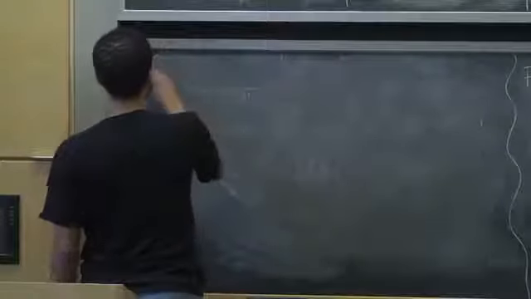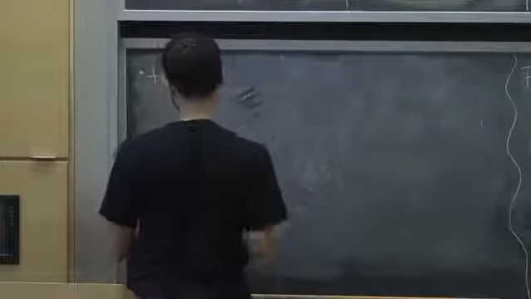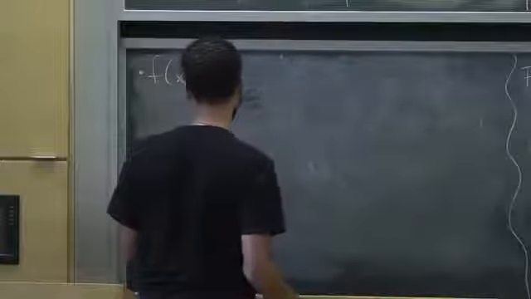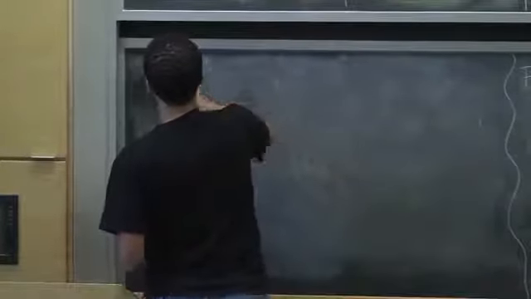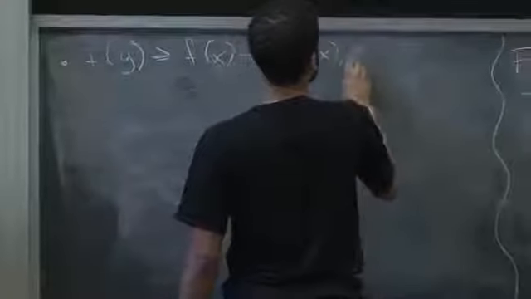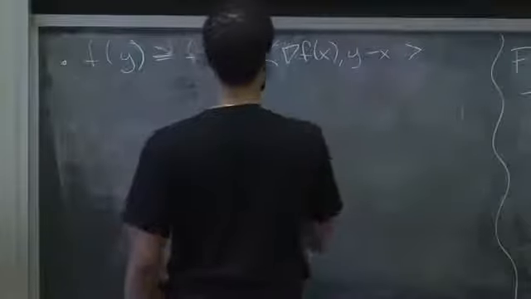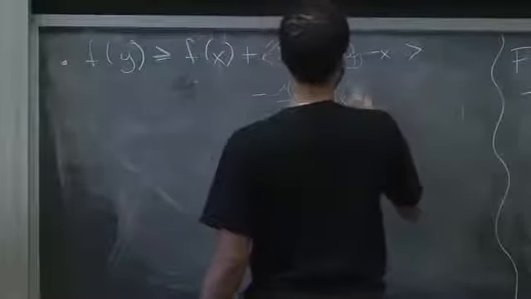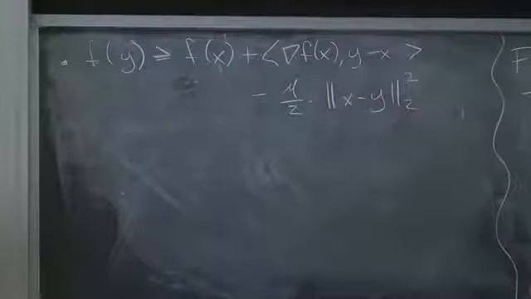So we also have that, in particular, let me write it like this: for any y, f of y is at least f of x plus the gradient of f at x, y minus x, minus mu over 2 times x minus y, L2 norm squared. This is true for all x, y.